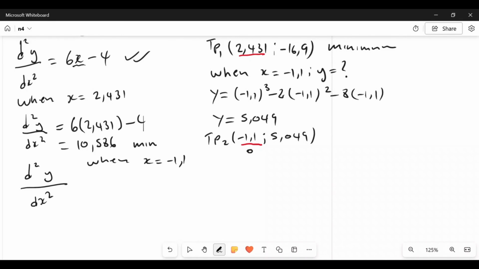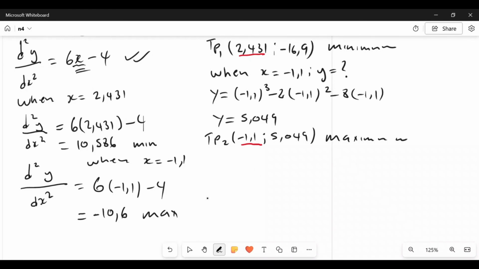This one here, guys, just in case you didn't understand, is going to be equal to 6 times, instead of writing the x, negative 1.1, minus 4. And then our answer is going to be negative 10.6. As you can see, it is less than 0. This makes it the maximum turning point, so you can write here maximum turning point. So this is how you distinguish between the maximum and the minimum turning point. I hope you managed to understand this.